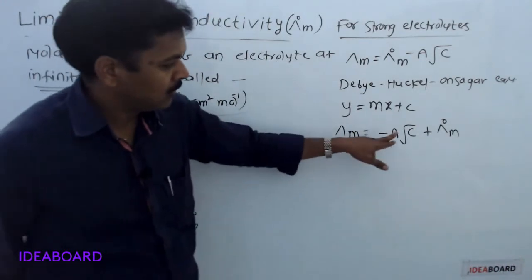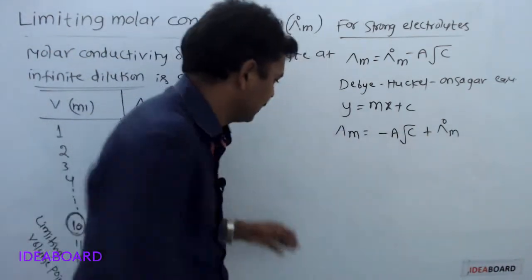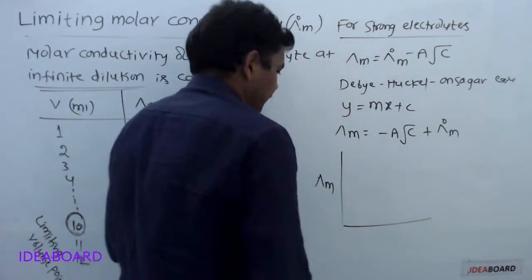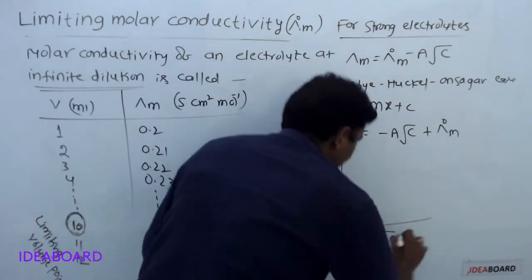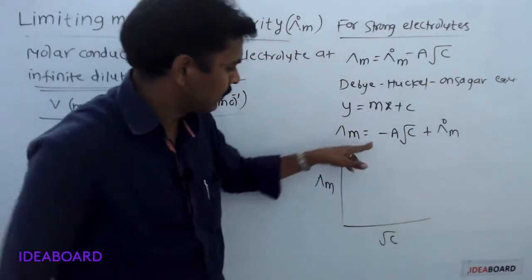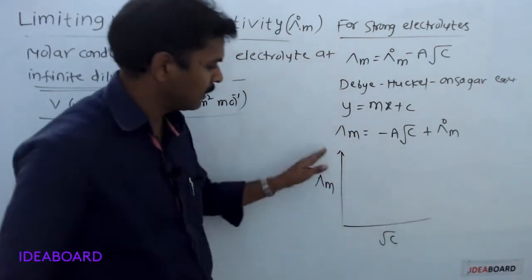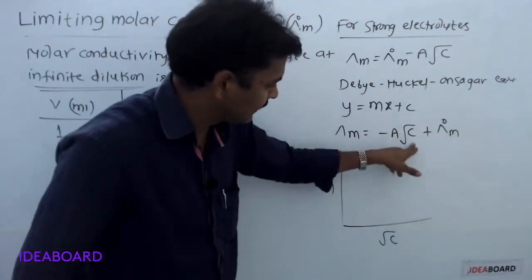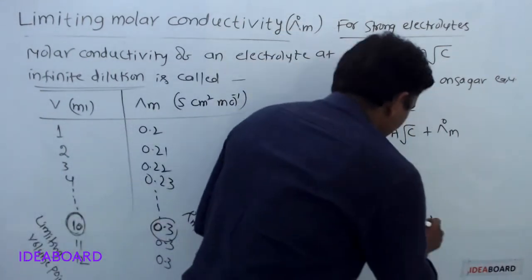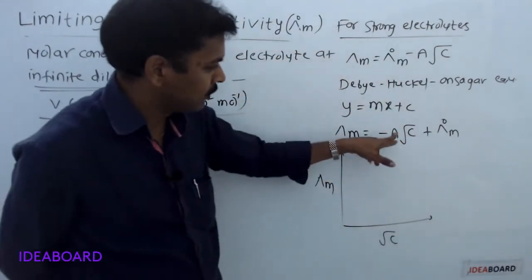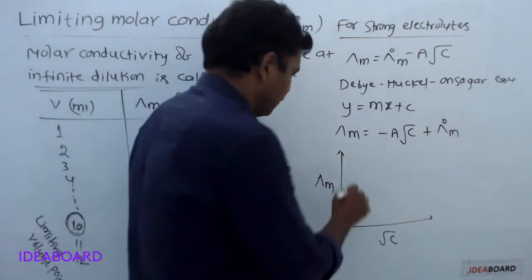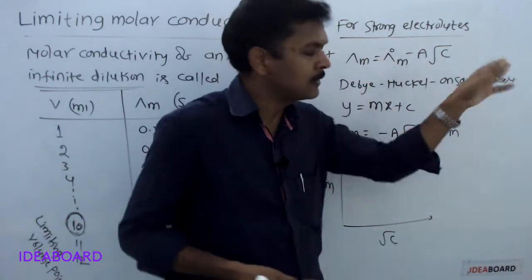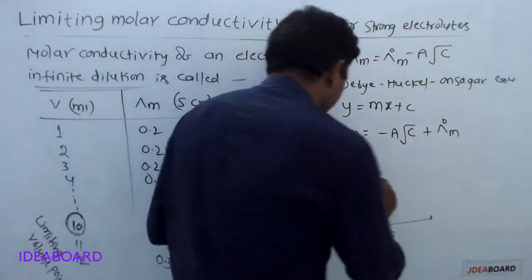When a graph is plotted, on the y axis I am taking molar conductivity, and on the x axis the root of concentration, y is equal to mx plus c. So for strong electrolytes, molar conductivity increases slowly on dilution. It increases like this.